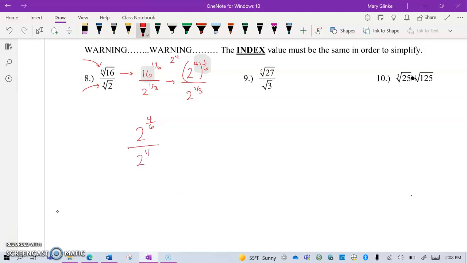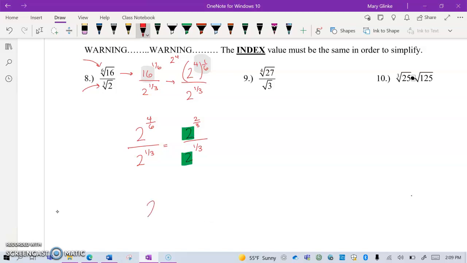And then 2 to the 1/3 is the denominator. We're getting closer because we have 2 to the 2/3 and 2 to the 1/3. And now we are actually going to be able to reduce this, only because we have the same base.